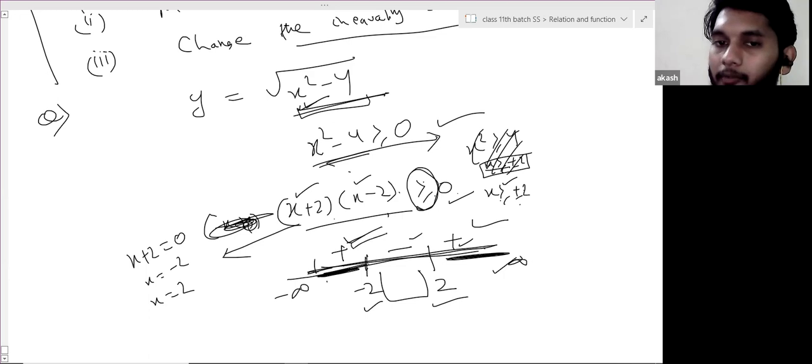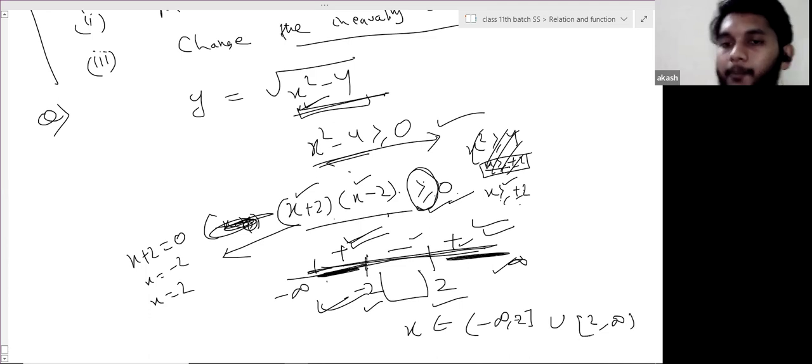Which area is positive, this and this. So the answer will be x belongs to minus infinity to minus 2, close bracket, because we have the equality sign, union 2 to infinity. This will be the domain. This thing is clear or not?